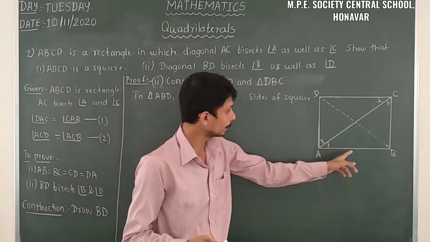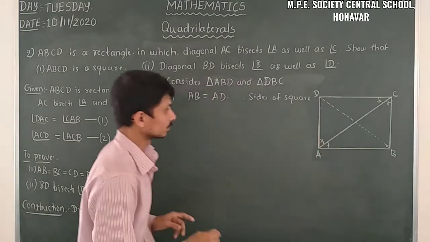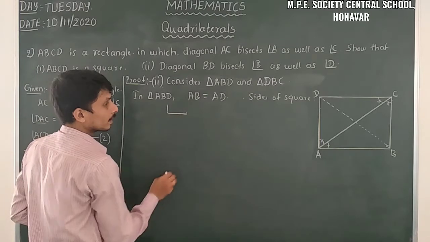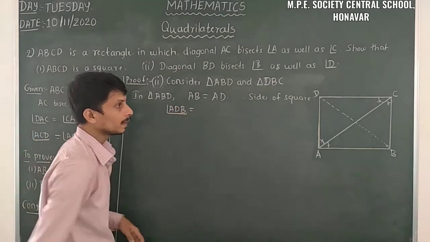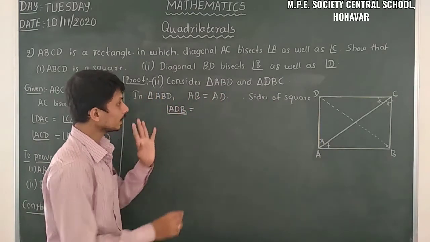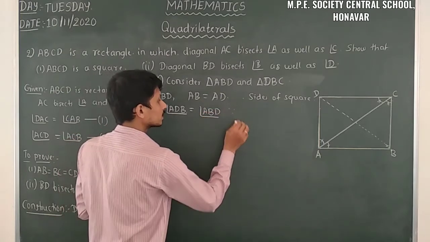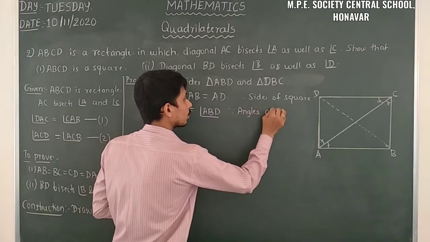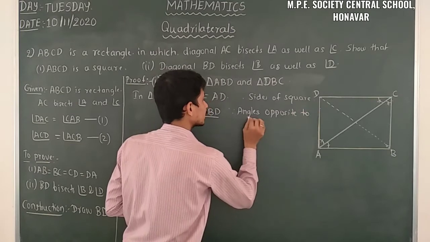So the angle opposite AB is angle ADB, and likewise the angle opposite AD is angle ABD, because angles opposite to equal sides are equal.